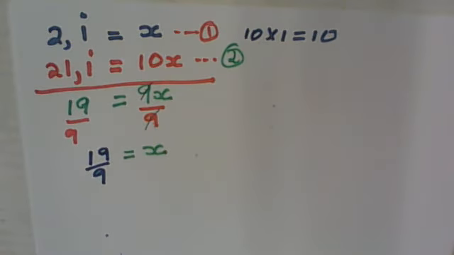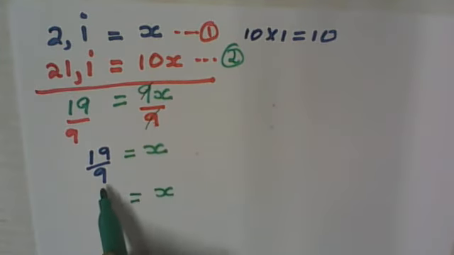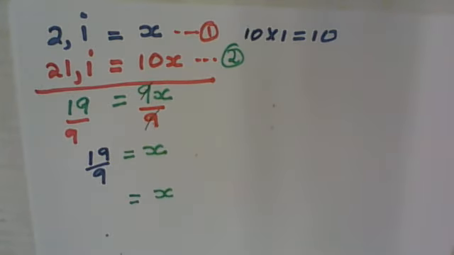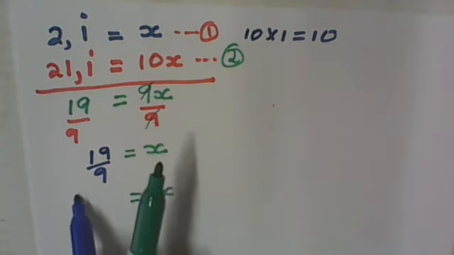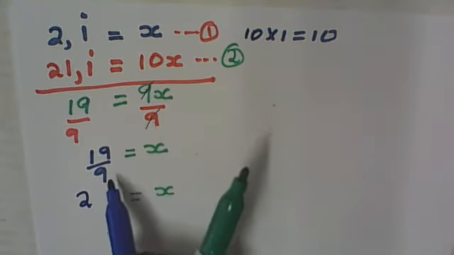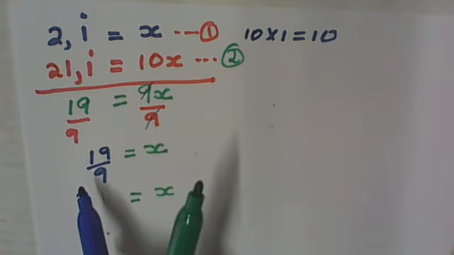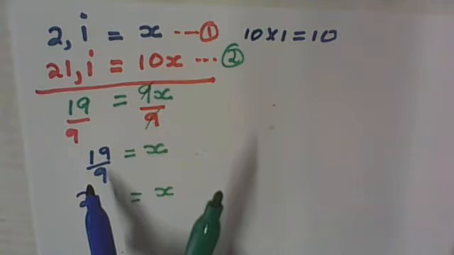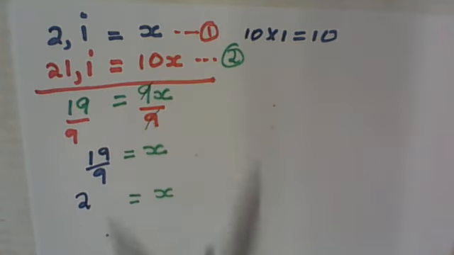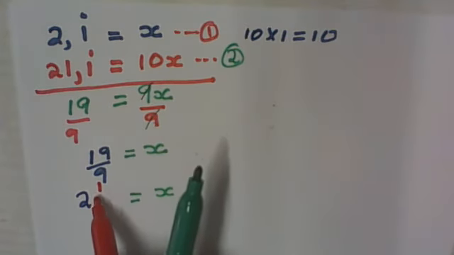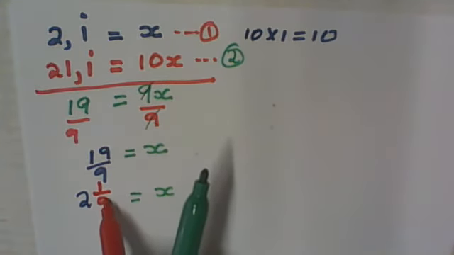And if you want to write it as a mixed number, x is equal to how many 9s are in 19? We have 2, because 9 times 2 gives you 18. Now, when you subtract, you get a fraction, which is 1 over 9.